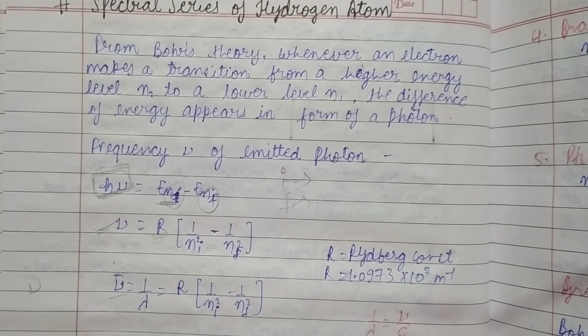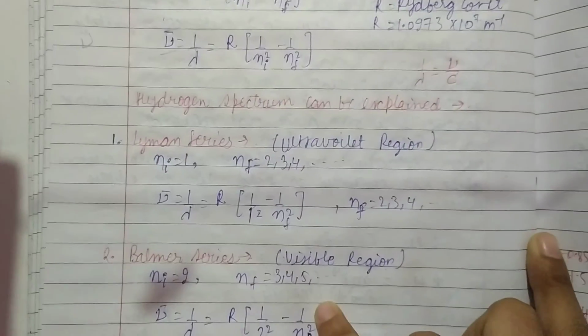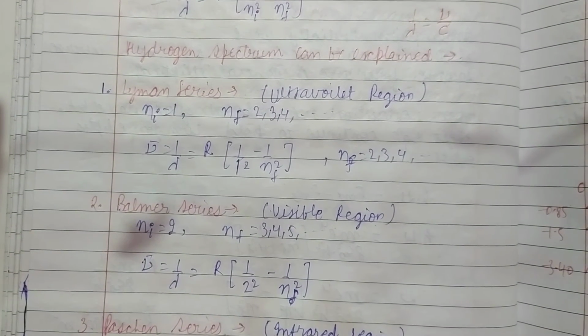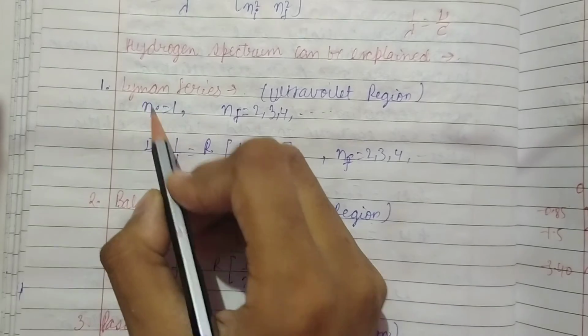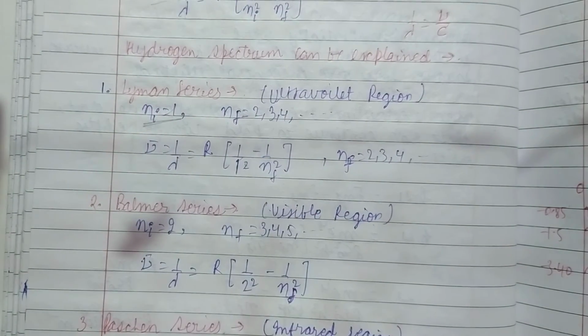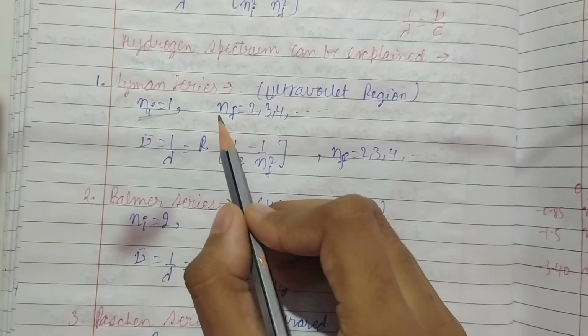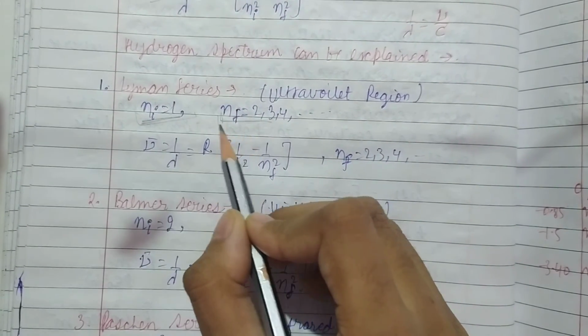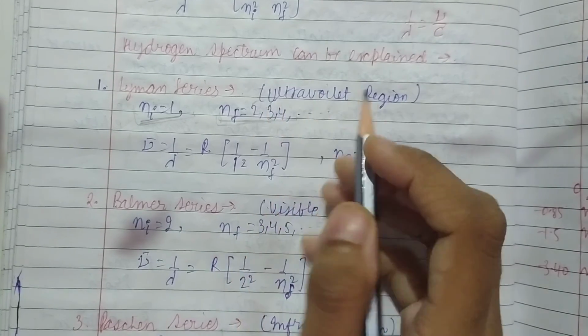The first series is the Lyman series, and this series lies in the ultraviolet region. This series ends at the first level, the very first level, and it starts from the second, third, fourth and so on.